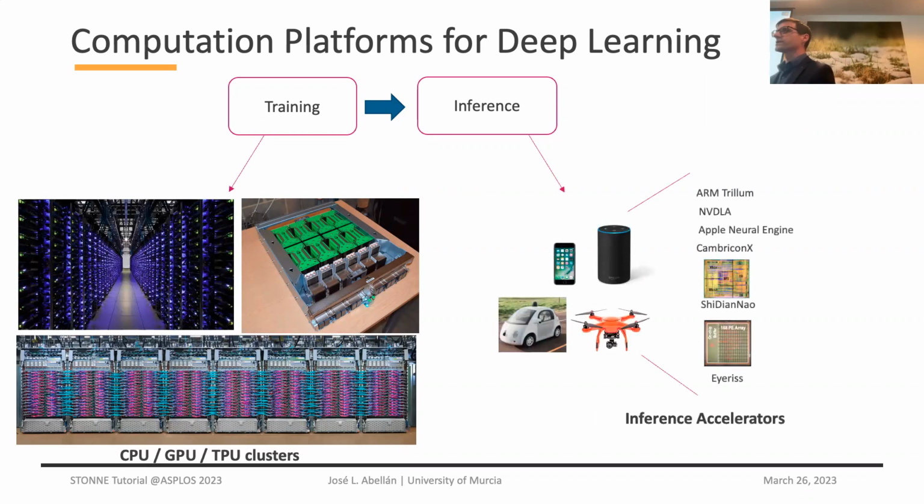Then we have the inference process, which happens once the DNN models have been trained, so they can be deployed to make predictions, right? Typically on edge devices. That's why there are multiple types of accelerators everywhere, in order to do this in a very energy efficient way, and also considering timing constraints, maybe for real-time execution.